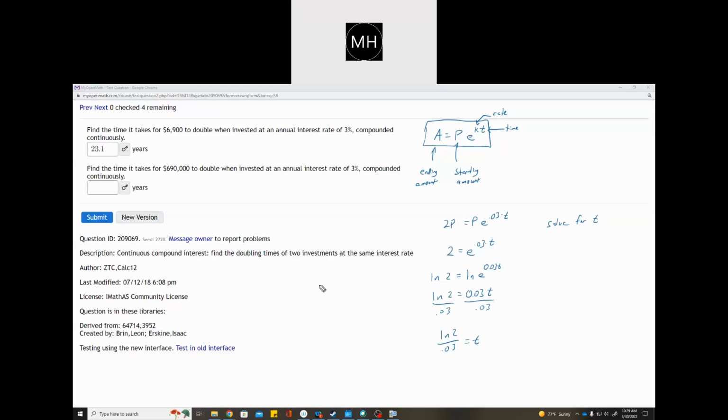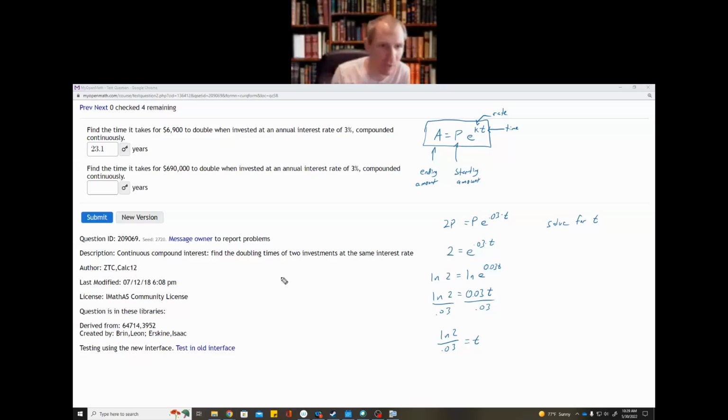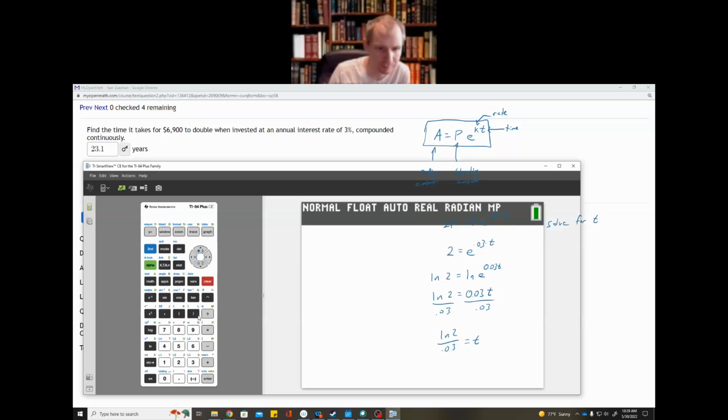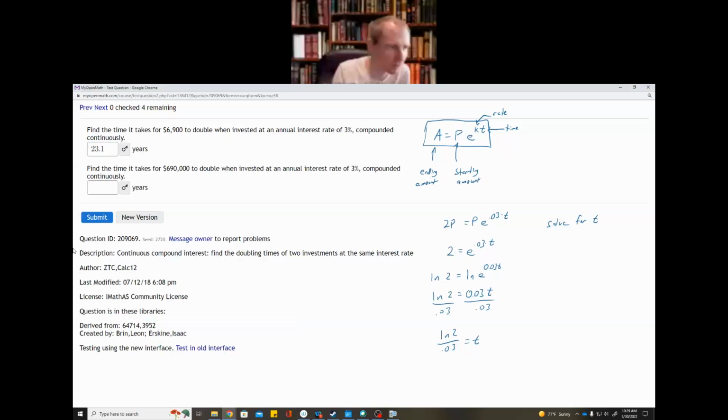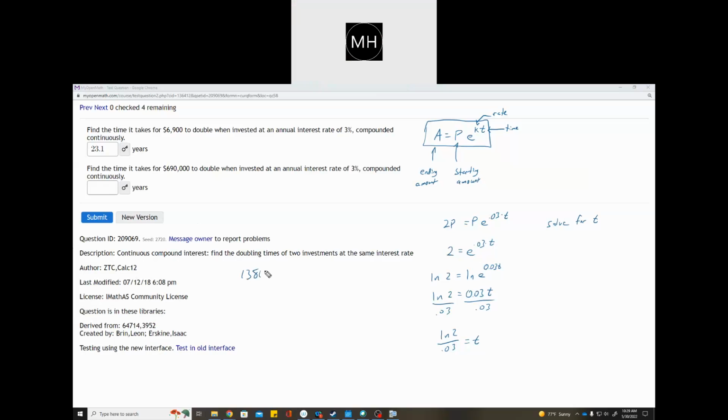Maybe I should have been a little bit more careful in reading the problem because we have the original amount. The ending amount would be double this, right? So I would take my $6,900 and double it. They still end up canceling though, right? Yeah, so we would get 13,800 equals 6,900 times e to the 0.03t.